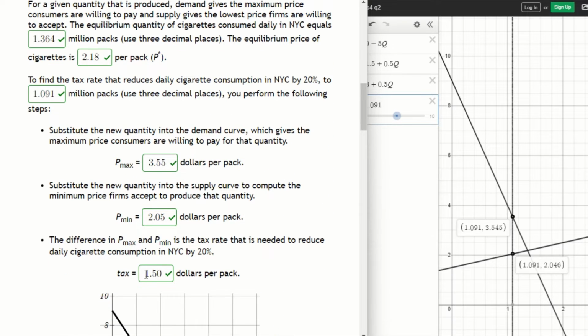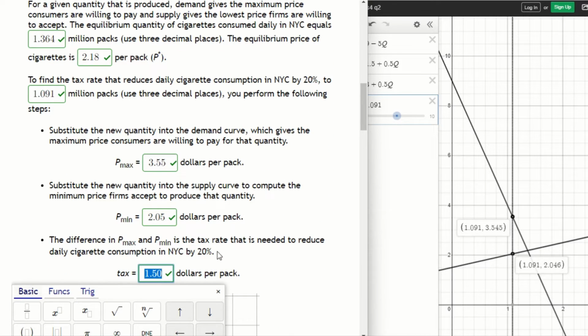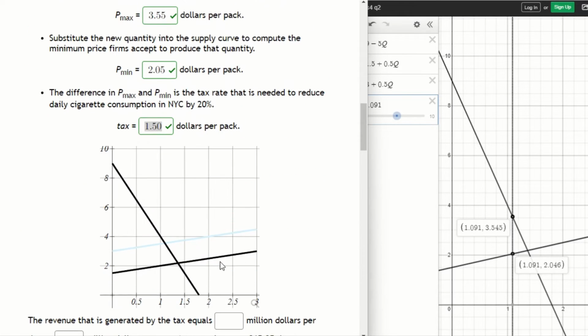Okay, so if we impose this tax on firms selling cigarettes, that will shift the supply curve from black up to blue, right? And this is that quantity, 1.091, and this is that price, 3.55.